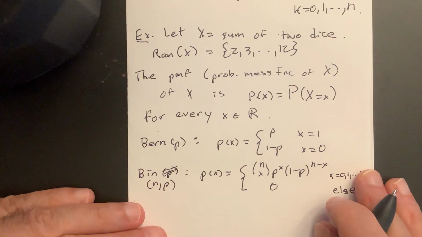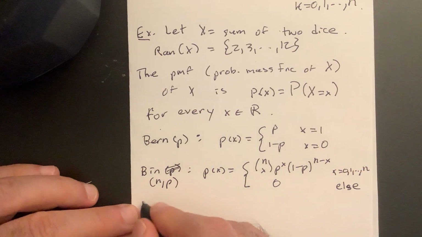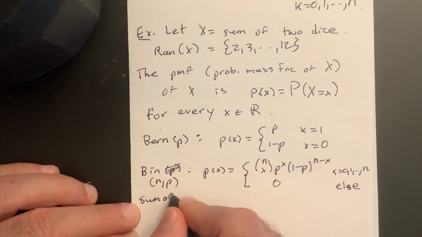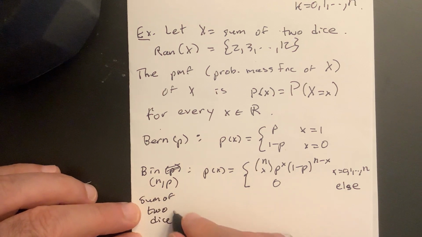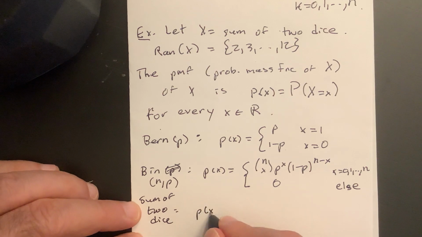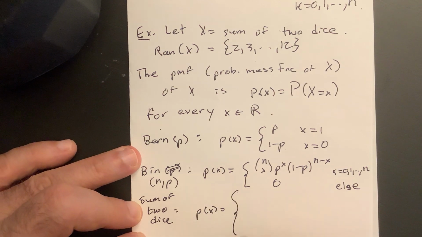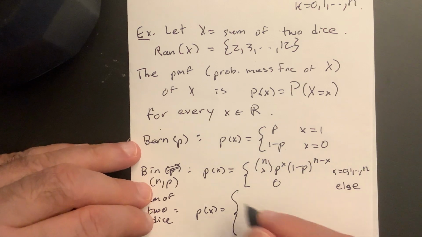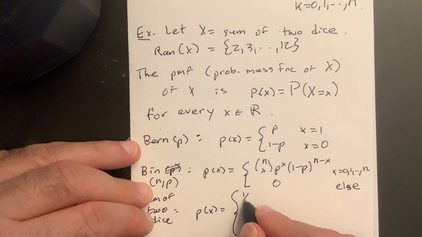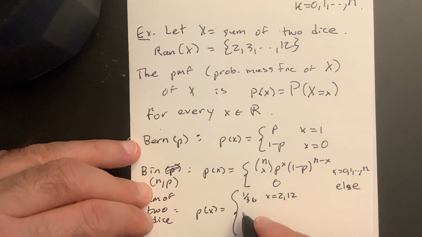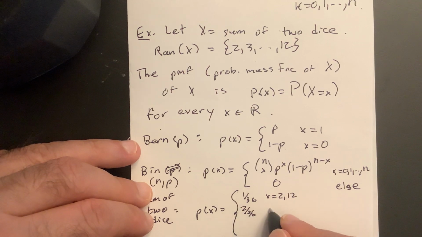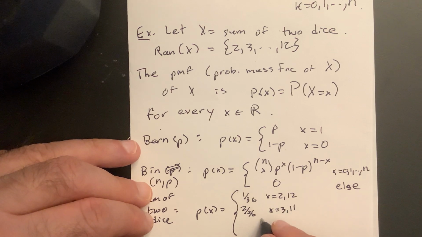Okay, what about for the sum of two dice? Well, we have P of x is equal to, and you have this bunch of things it could be, 1 over 36 if x is 2 or 12, 2 out of 36 if x is 3 or 11, dot, dot, dot, right?